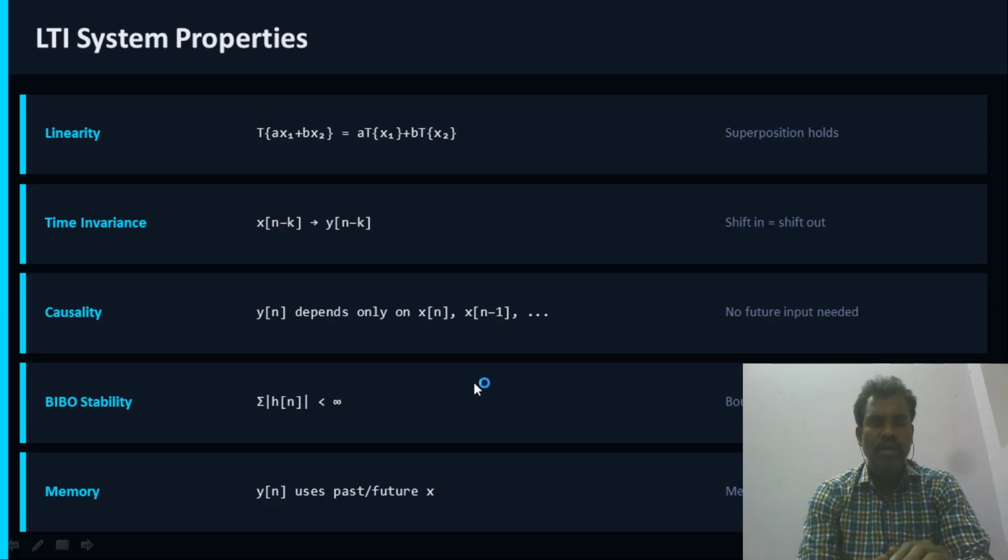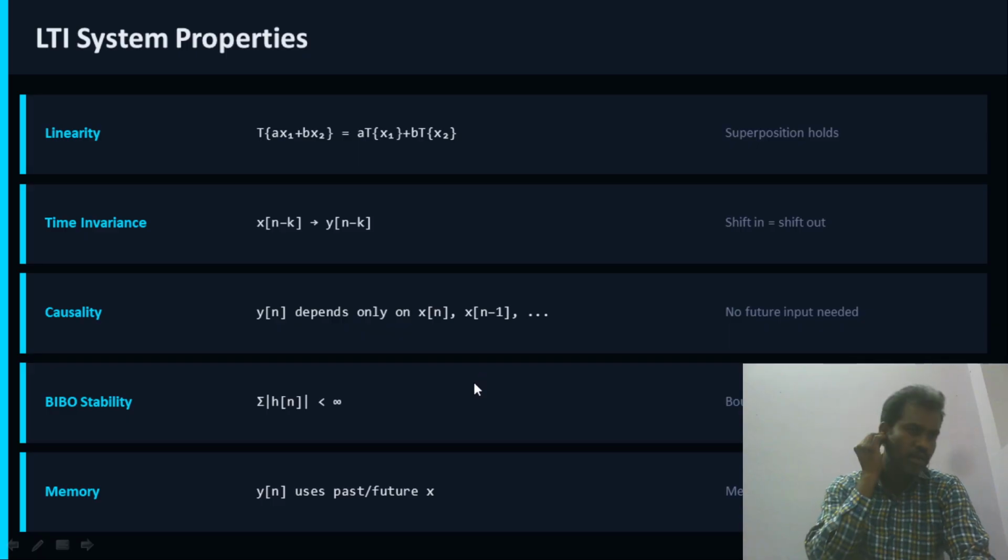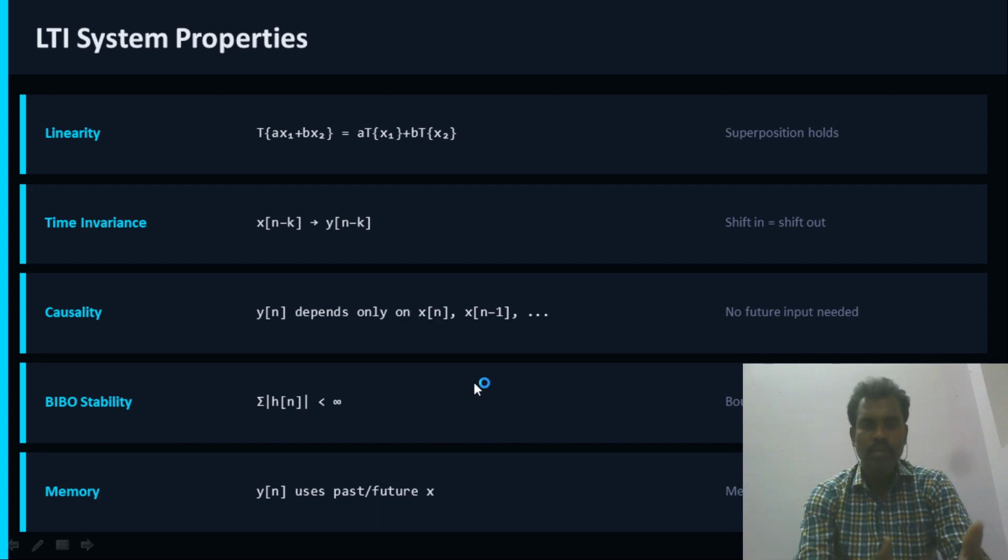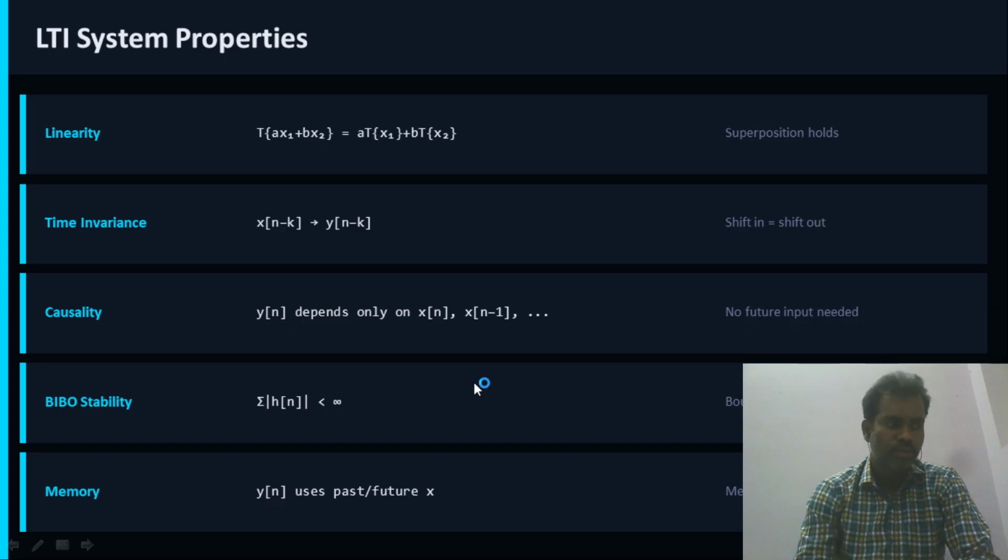Then it is called a bounded signal. If you give a bounded input, the output should also be bounded. At no instant is the output infinite. It should be finite at all instants, because we are applying a bounded input. If you apply a bounded input to a system, the output should also be bounded. Then it is called a stable system.